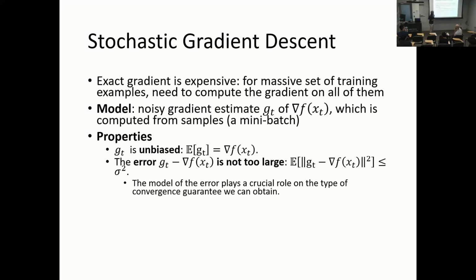This model of error will play a crucial role when we talk about the failure probability of the algorithms. But this is the usual definition, where you just take the variance and call that sigma squared. Now, if you have more assumptions than this, then hopefully we'll get better concentration behavior, lower failure probability.